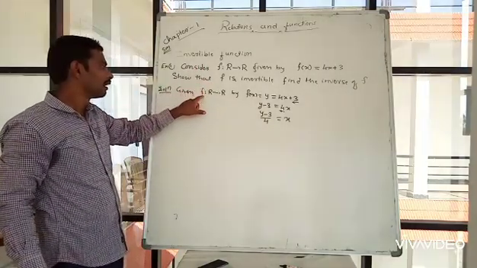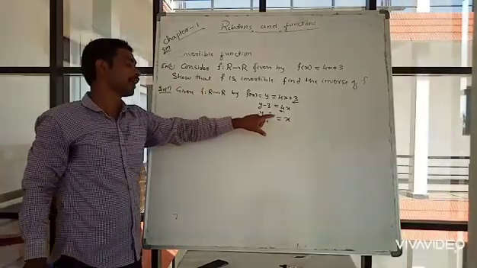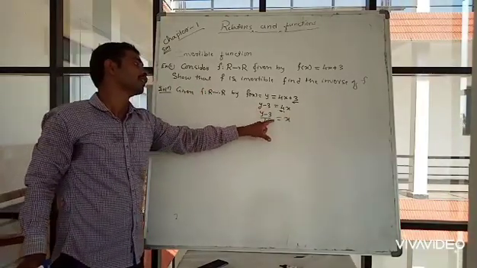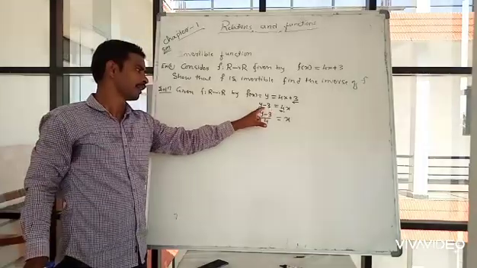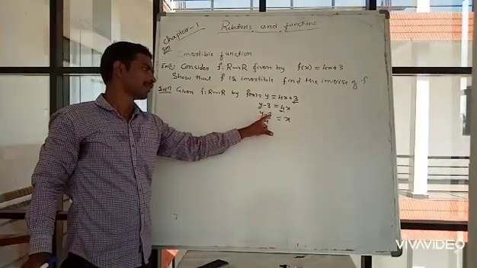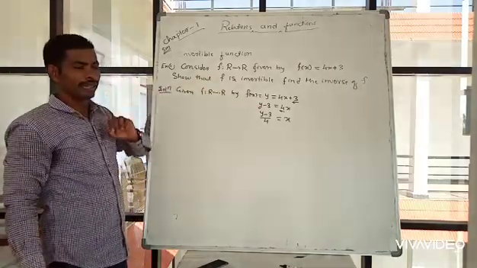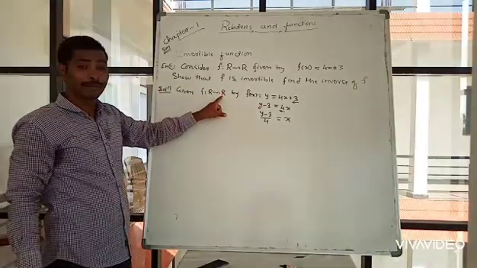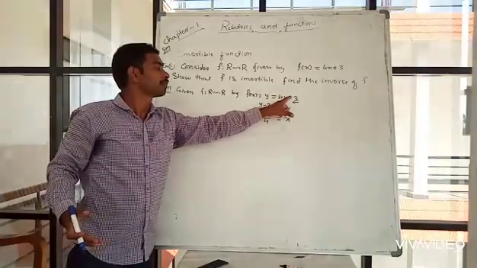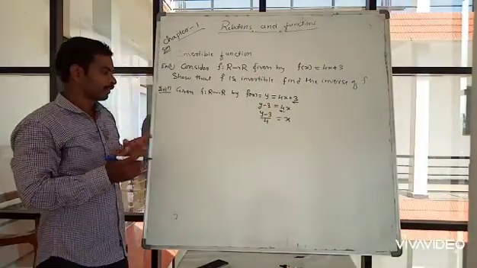Here, the elements in the domain are of the form (y minus 3) divided by 4, while the elements in the codomain are 4x + 3.